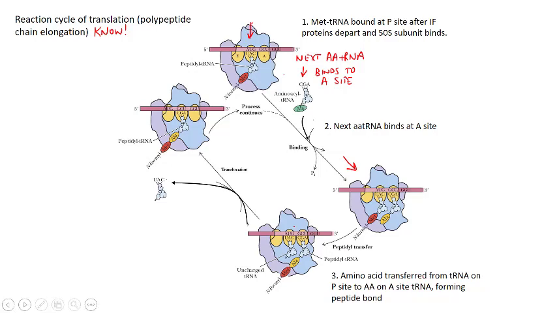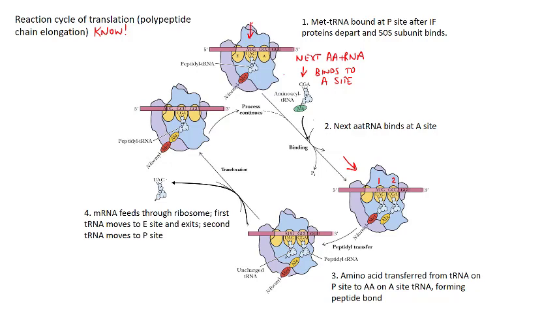So notice the P site is going to be amino acid 1, the A site will be amino acid 2, and so what we're going to do is transfer amino acid 1 onto amino acid 2. And now we have a 2 amino acid peptide bound to the tRNA that's at the A site. The P site now has an empty tRNA in it.